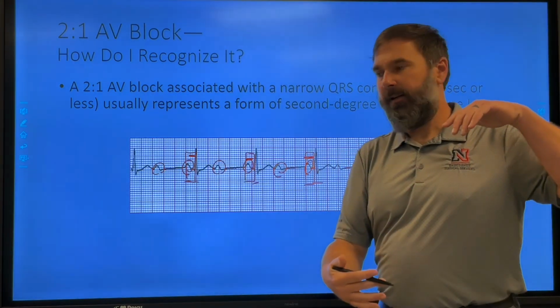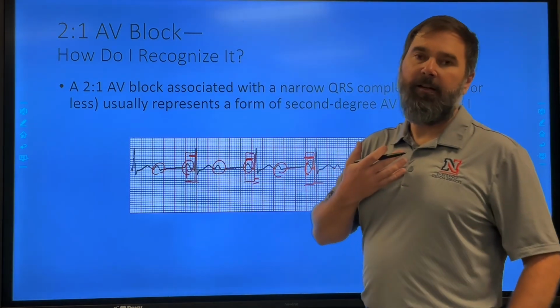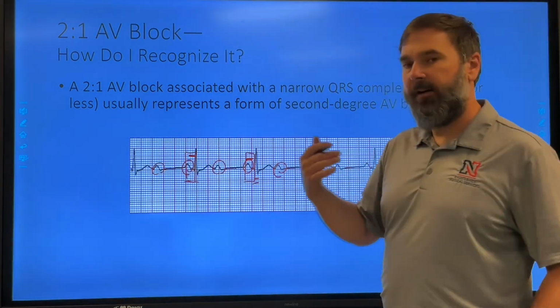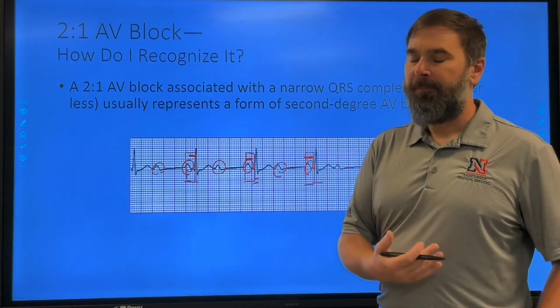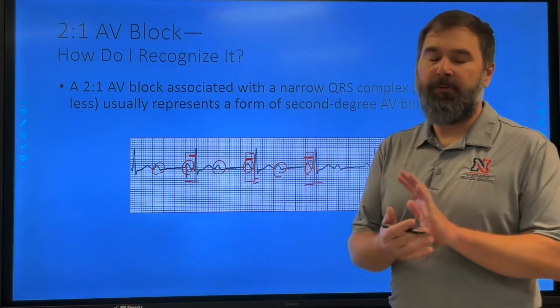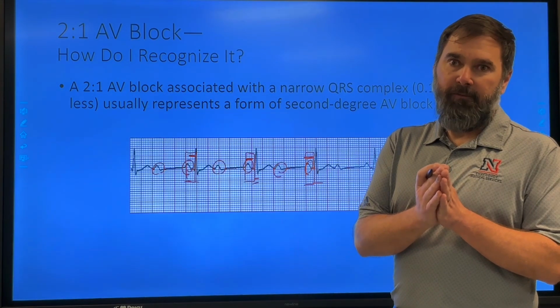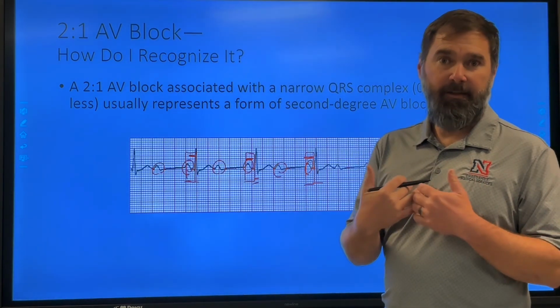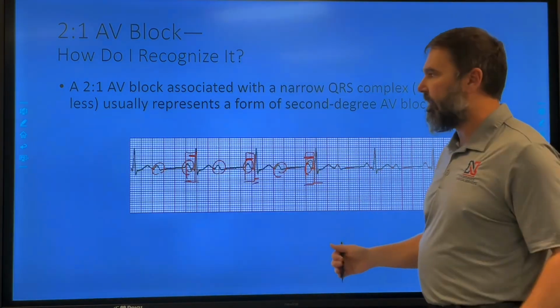A narrow QRS complex tells us it's happening higher up, versus a wider complex, which usually indicates it's happening lower in the ventricles. So a type 1 versus a type 2: type 1's narrow, type 2 is wide.